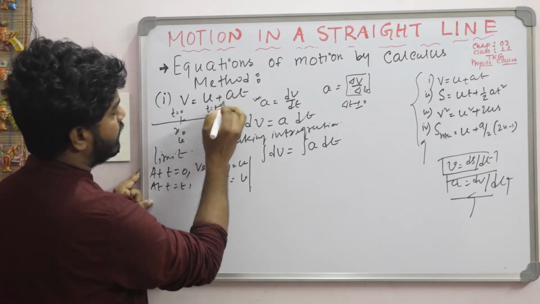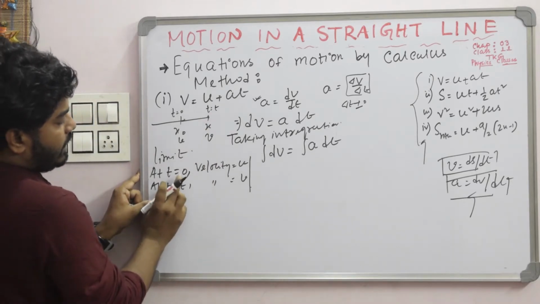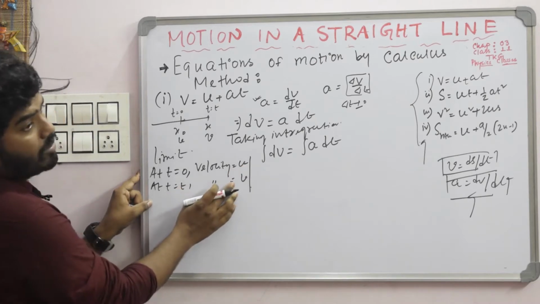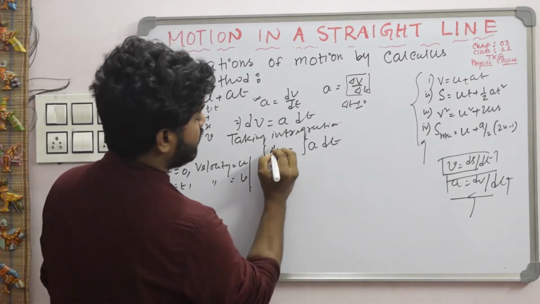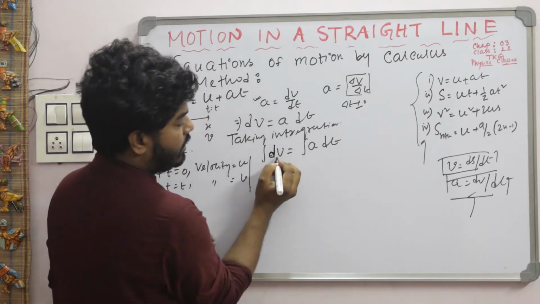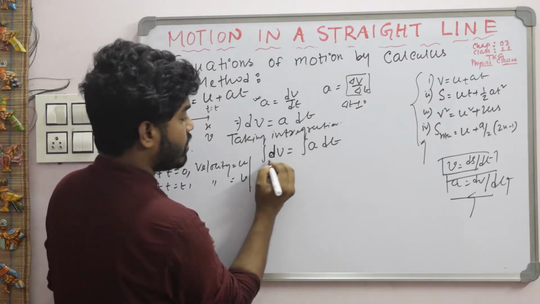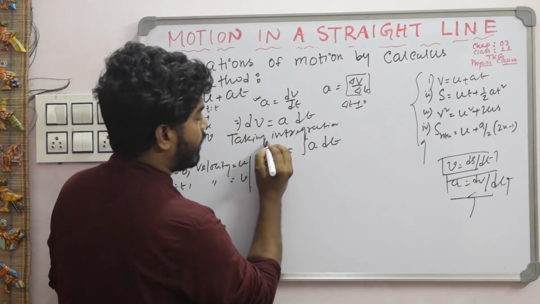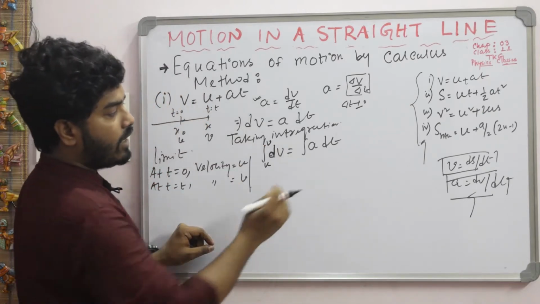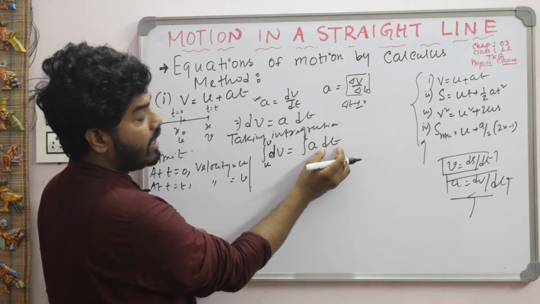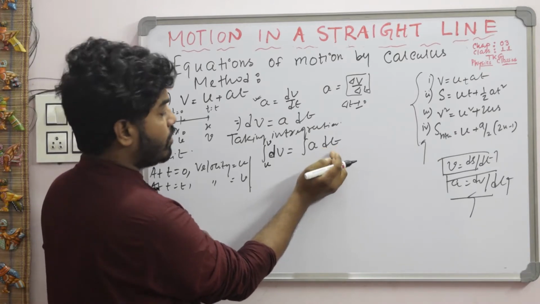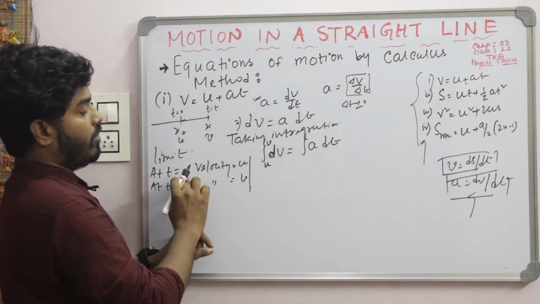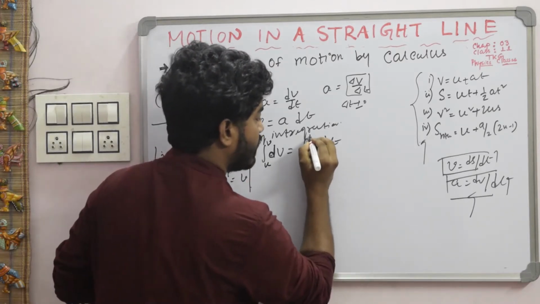Now here dv is the variable, so you have to write the velocity limits: lower limit is the initial value u and upper limit is v. Here it is dt, we have to integrate with respect to t, so you have to use the time limits: initial value 0 and final value t.